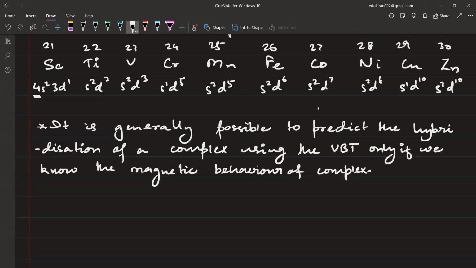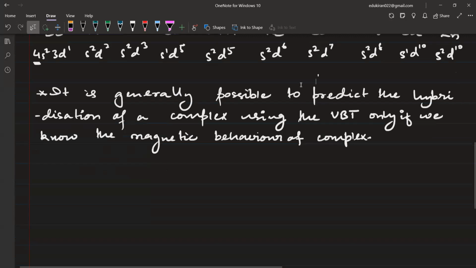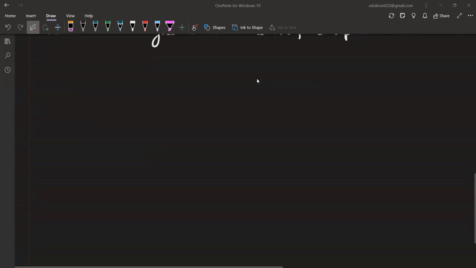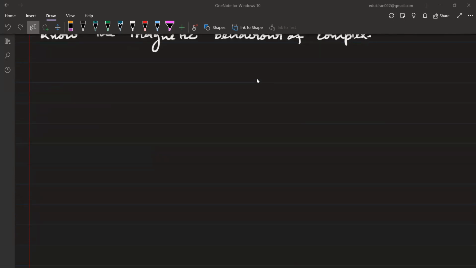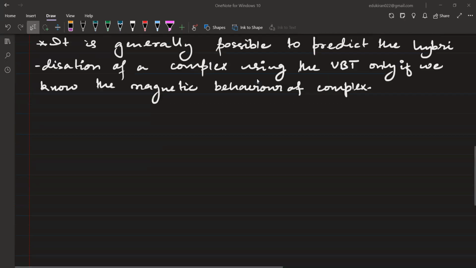But let us first see the first example on how we are going to explain things in valence bond theory. I can scroll up. Okay, write.